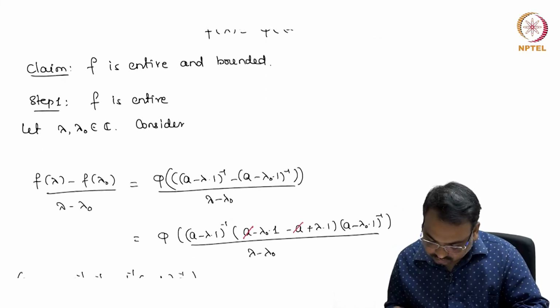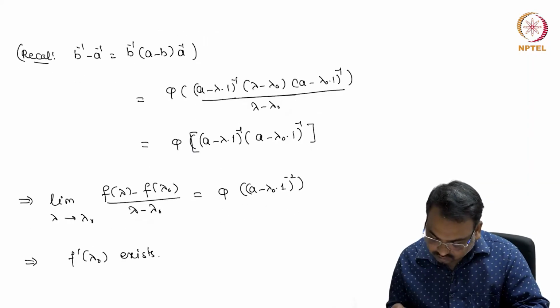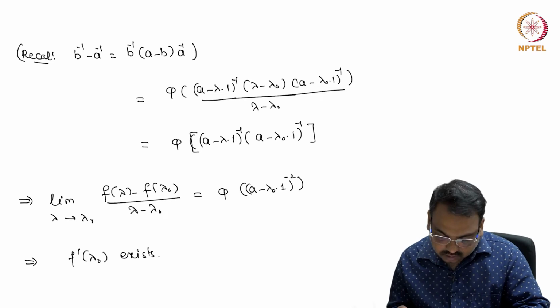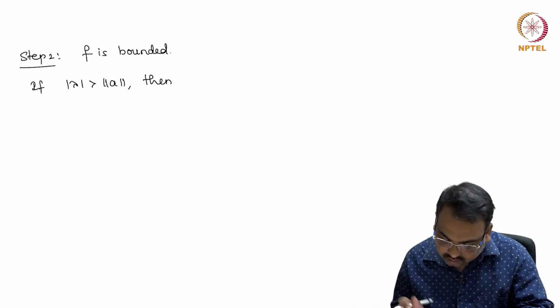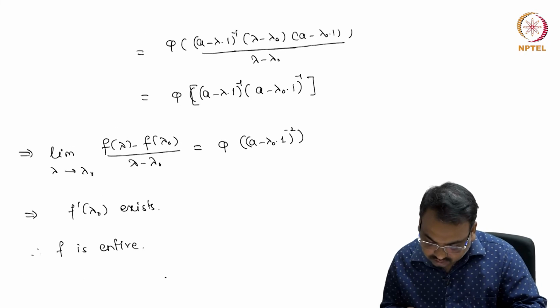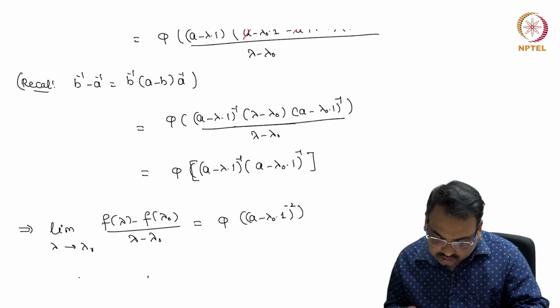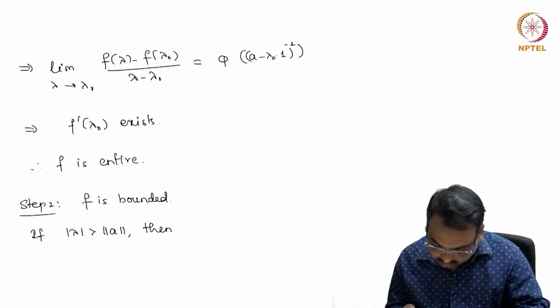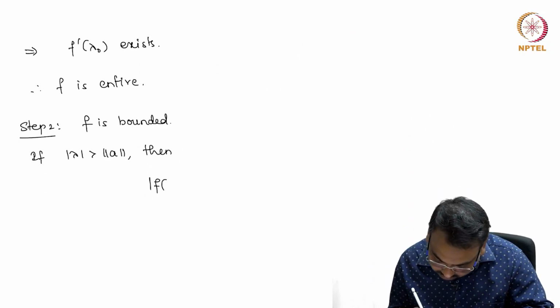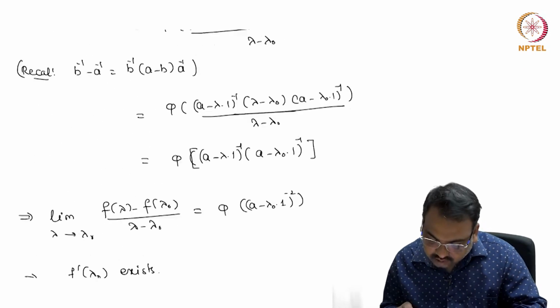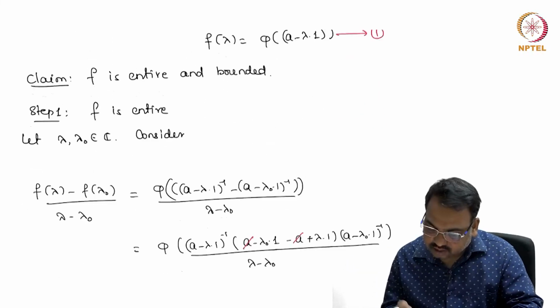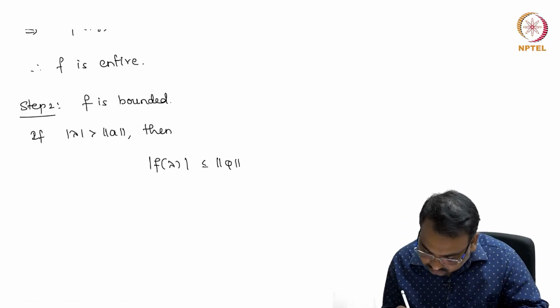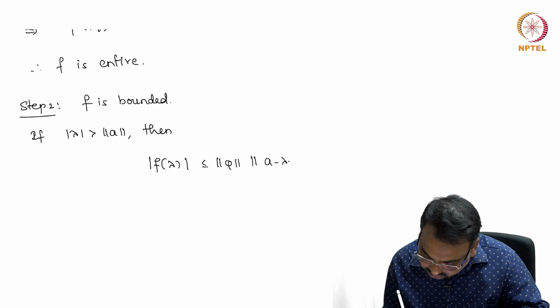Then by earlier calculations we can say that mod f lambda, by definition, is phi of (A minus lambda 1) inverse, so this is at most norm phi multiplied by norm of (A minus lambda 1) whole inverse.